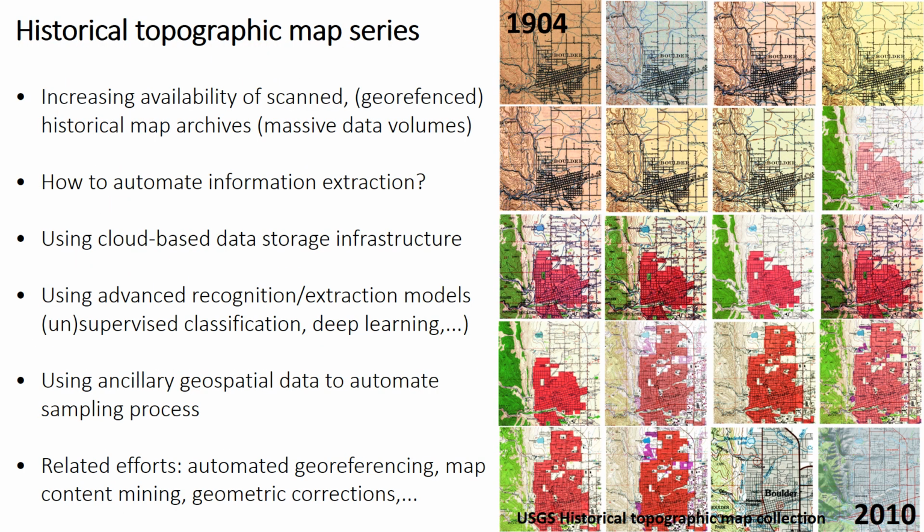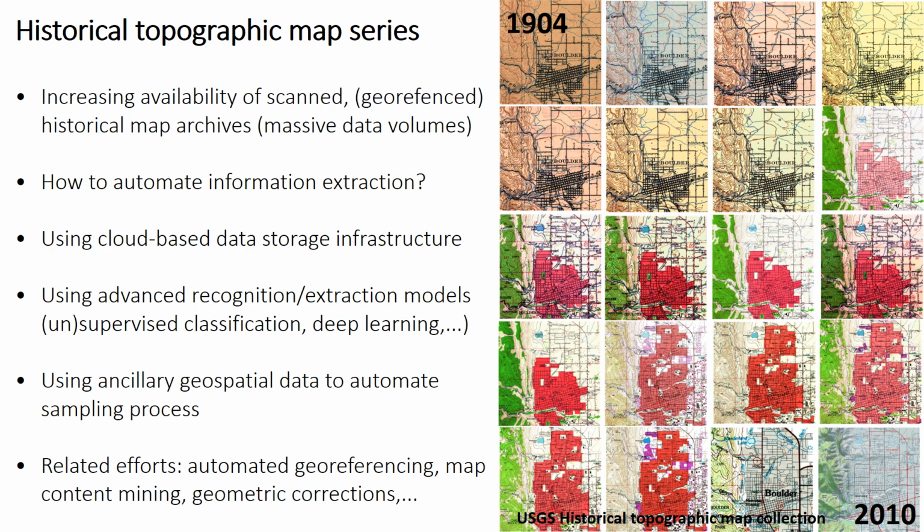Now recently we've witnessed an increasing availability of scanned and georeferenced historical map collections that are made available to the public. So what you can see to the right is an example of such a collection shown for Boulder, Colorado.